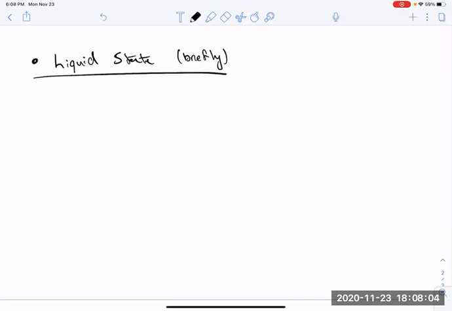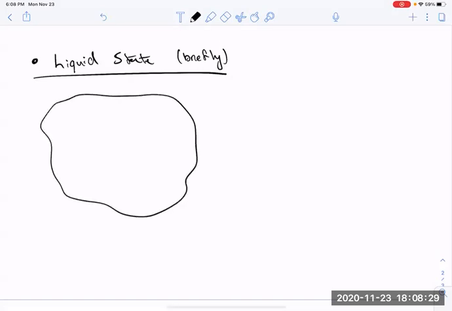Okay, so a liquid. We have a working definition of a liquid given we've prescribed these order parameters. A liquid is a phase of matter that is dense, denser than a vapor, but lacks long-range order. It has complete rotational and translational symmetry. So if I was going to look at a little piece of a liquid, what would I see?